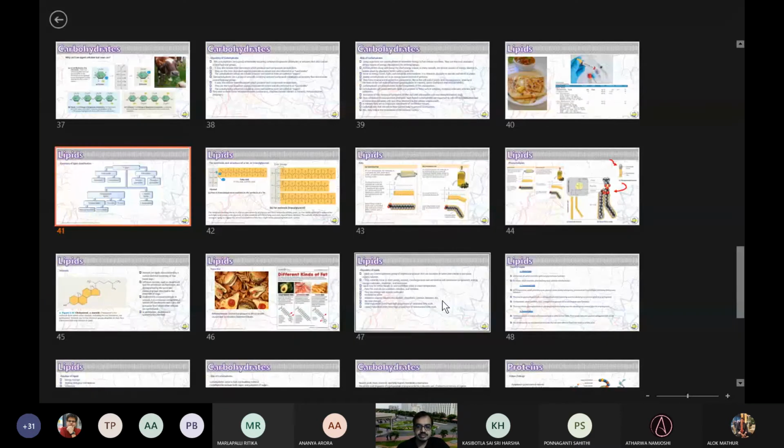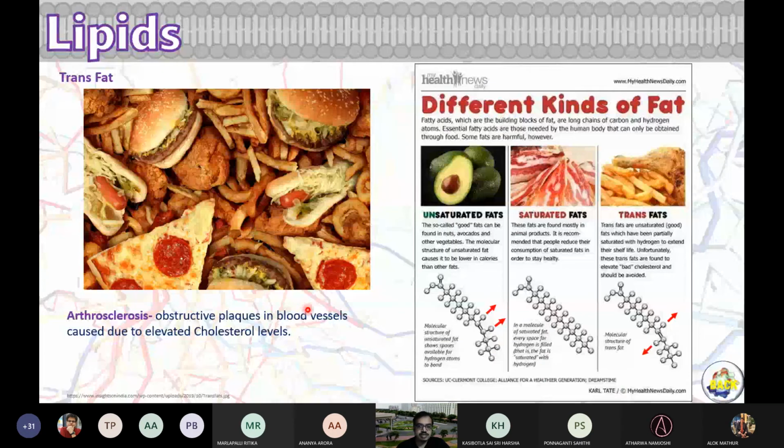Okay. Now coming to one variety of lipid which is relevant socially to us. I know all of you like these foods very much. Fine, there is no harm in liking. This tastes good.